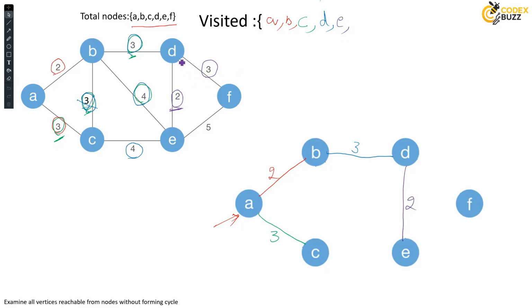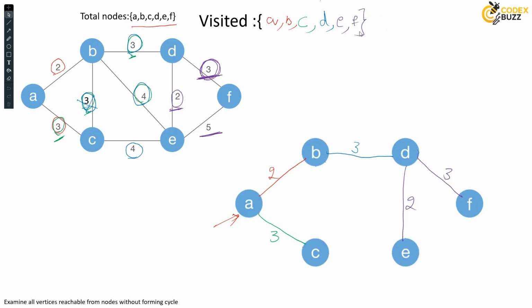Repeat the process. Now I have DF and EF, right? Out of these, select the one with the minimum weight. I am going with DF because it has the minimum weight of 3, and marking F as visited, right?